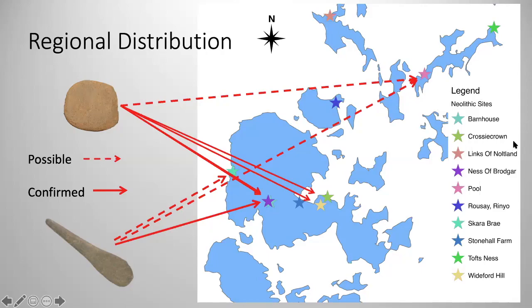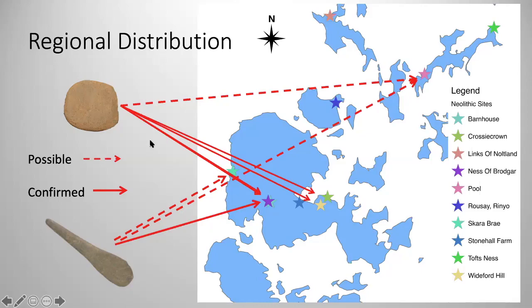So the sites I looked at were across Orkney, and they included Barnhouse, Crossy Crown, Links of Notland, the Ness of Brodgar, Poole, Rinyo and Rousay, Scarabray, Stonehall Farm, Toft's Ness, and Whiteford Hill. So Toft's Ness and Poole are both on Sanday, and then the Links of Notland are on Westray. There's, of course, Rinyo and Rousay.